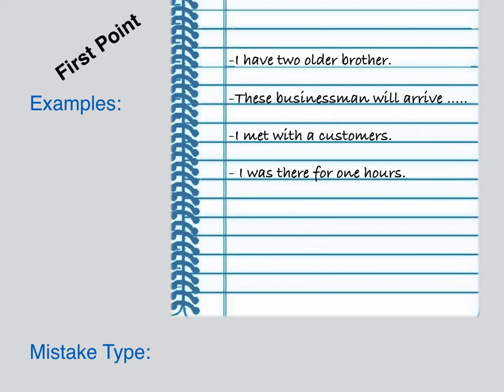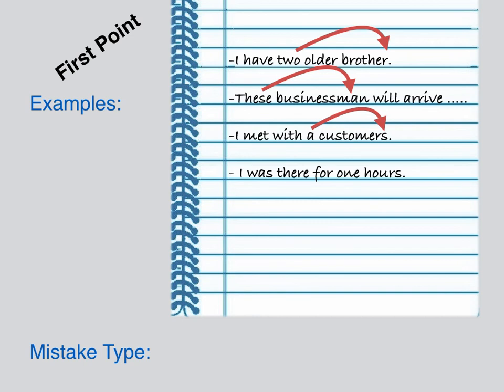It says two older brother, but two must be brothers. And the next one, these, must be businessmen, not businessman. And the next one, a, does not match with customers. It could be a customer or customers.